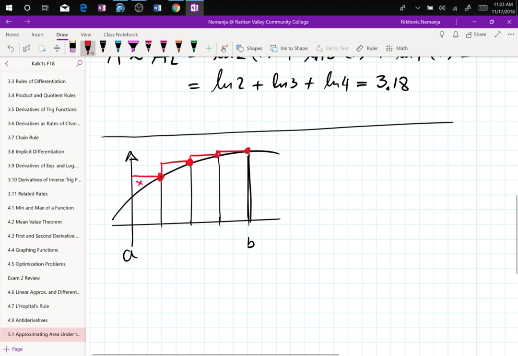Now this is the error, as usual. And I have my 4 rectangles. Each one of them again has delta x as the width. And I have my x0, x1, x2 divisions, right? Those are some values in x.